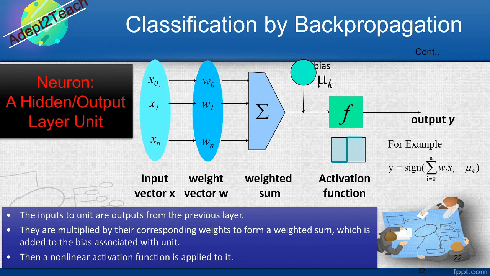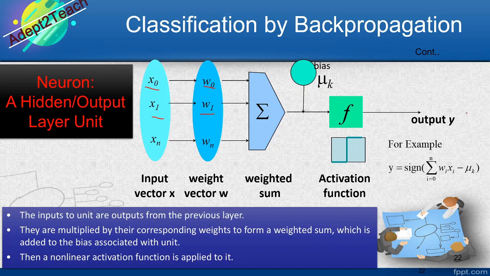Let's say x0, x1, xn are my inputs which are to be given to my neural network. So this makes my input layer. These are some weights that are given to every input. So x0 is given w0 weight, x1 is given w1 weight, and so on. Then a weighted sum is applied to do the pre-processing, and a bias factor, a constant value, is added here.